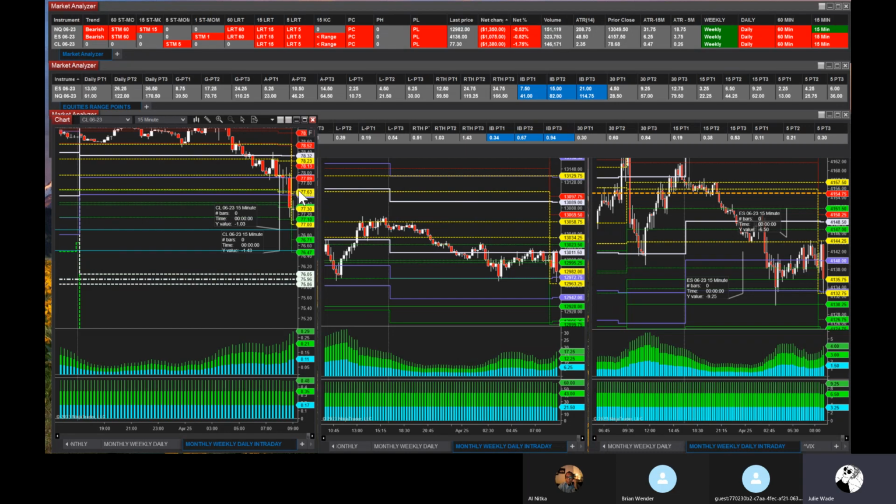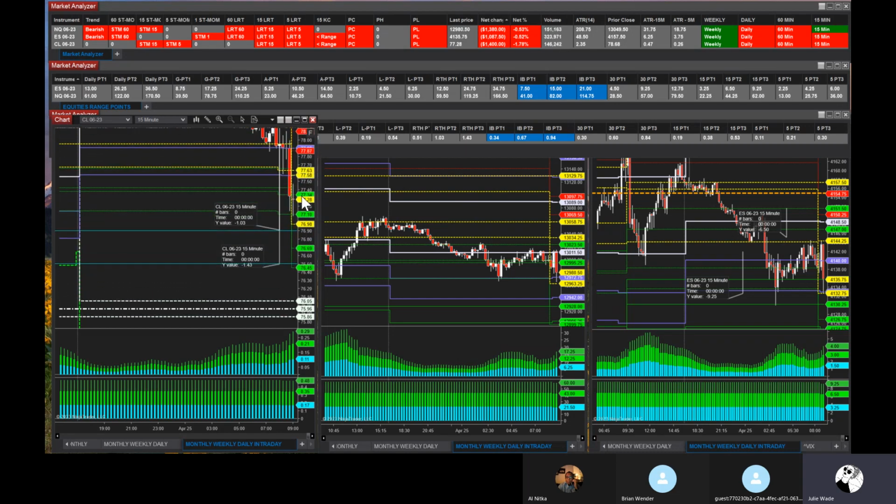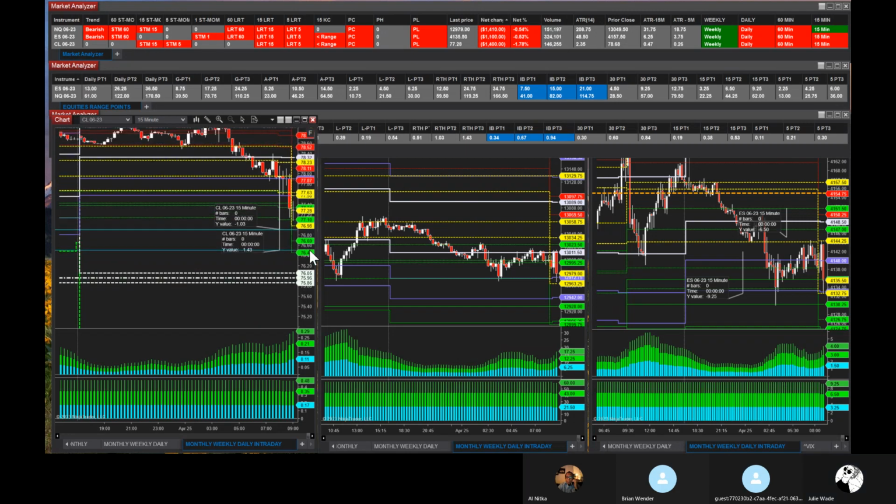We've got the resistance up here at 77.63, a little bit of a ledge here at 34, and lower end of this range on the red. In Q is the RTH 119.25.